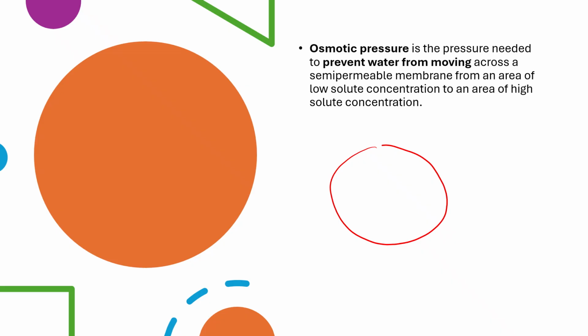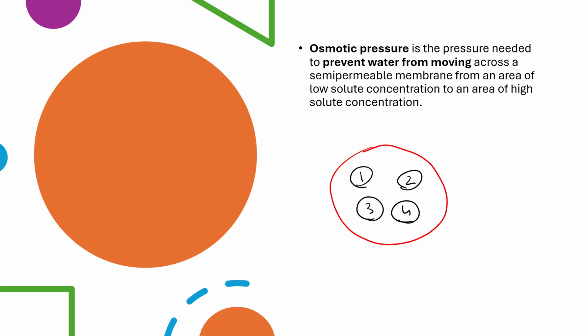So let's say this is a cell, and the cell has different particles. Osmotic pressure is basically created by these particles to keep the water inside the cell. So the key concept is the osmotic pressure is created by the particles inside the cell and it will keep the water inside the cell.